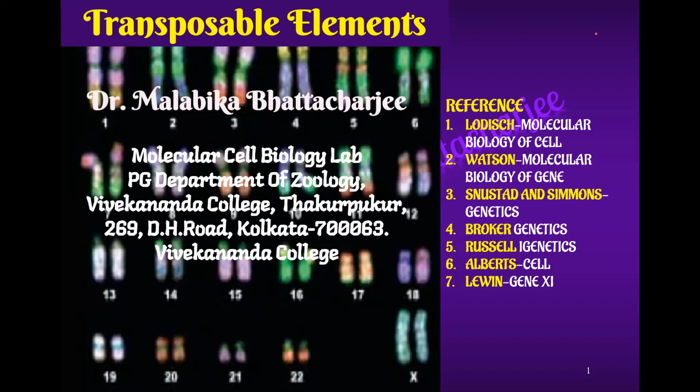By inserting into different sequences or different areas of the chromosome, they may cause mutations either by inserting into another gene and disrupting it, or by promoting DNA rearrangements such as chromosome deletions, duplications, and inversions. So from the first slide and whatever I told now, we have just this basic idea that these are DNA sequences that can move.